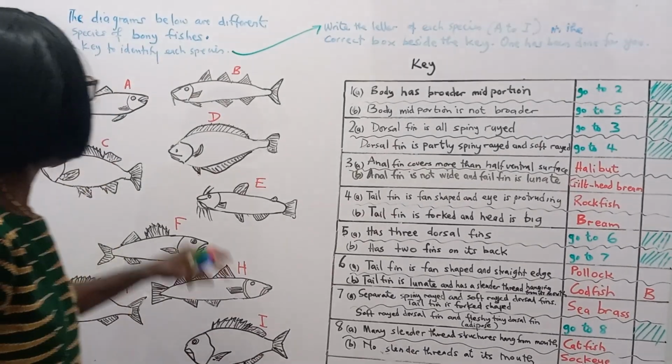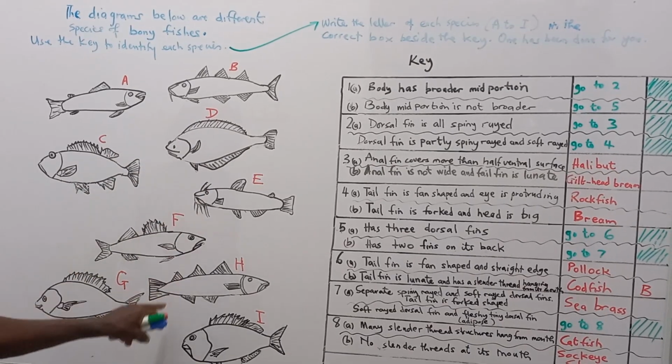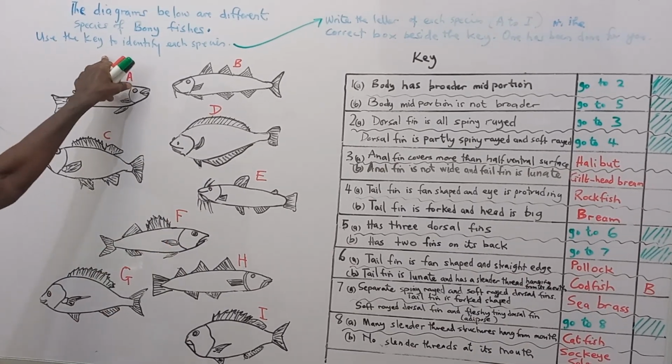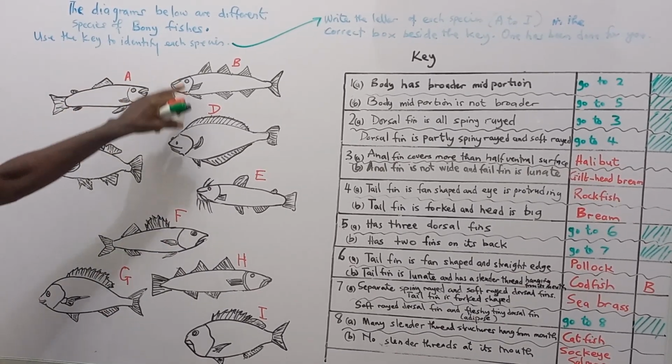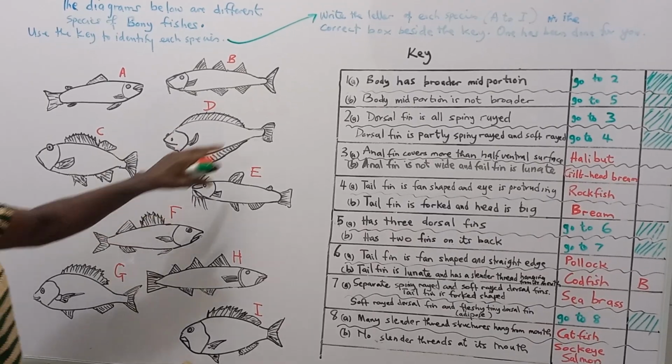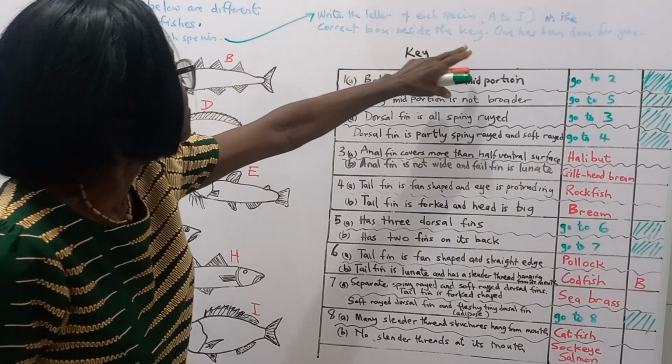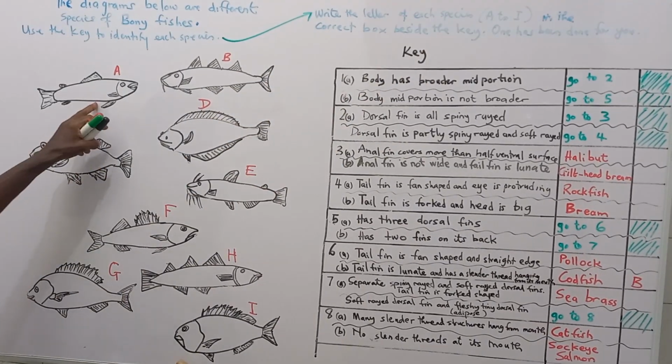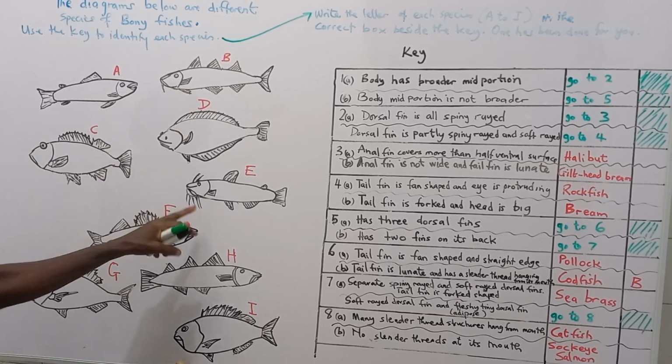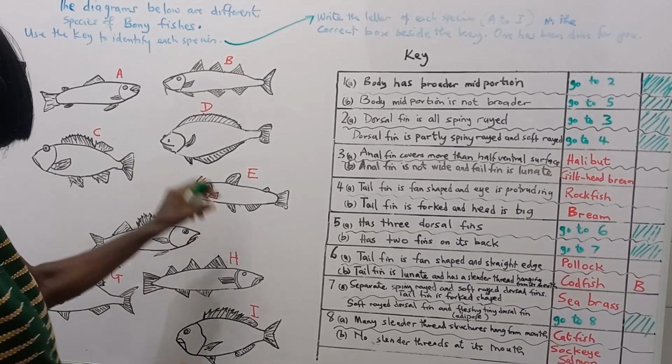Now we have all these different bony fishes, and we are to identify each species and write the letter of each species, A to I. We have A, B, C, D, E, F, G, H, I. Species.